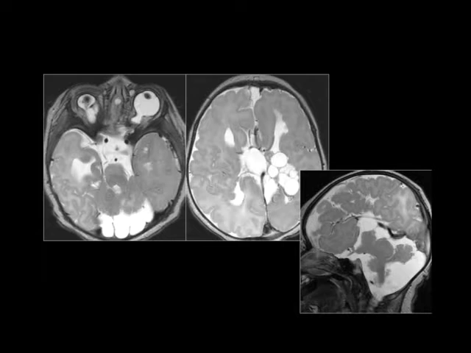Axial T2 weighted images and sagittal T2 weighted images of the brain have been provided.